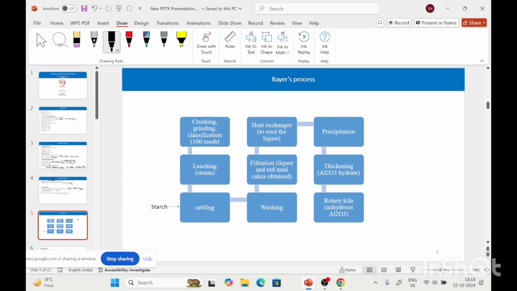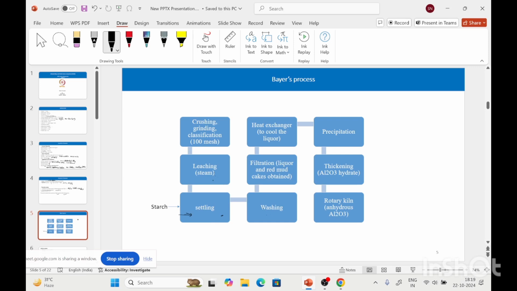Then the product obtained from the leaching goes through settling. In the settling process, starch is added into the feed. After the settling, the washing of the ore is done.